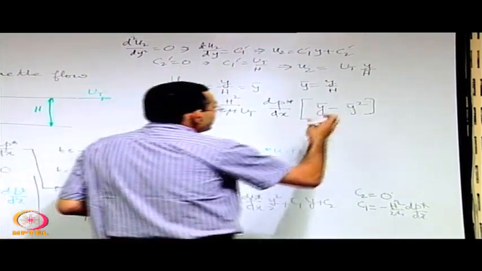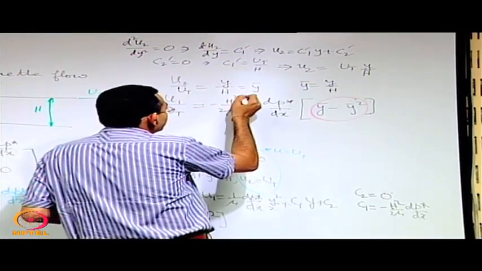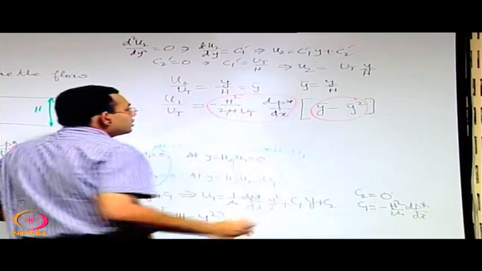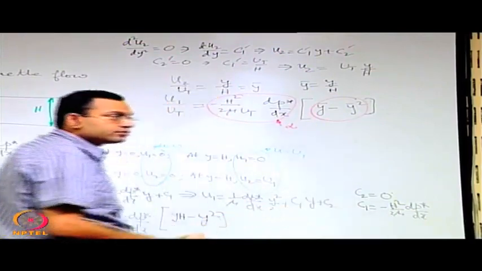And see, if you have a careful look into these terms, the term in the bracket is non-dimensional, the left hand side is non-dimensional. So whatever is here is also non-dimensional. Let us give a name to this. Let us say that this is alpha, which is a non-dimensional parameter.